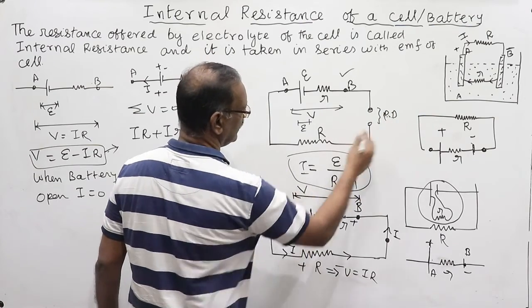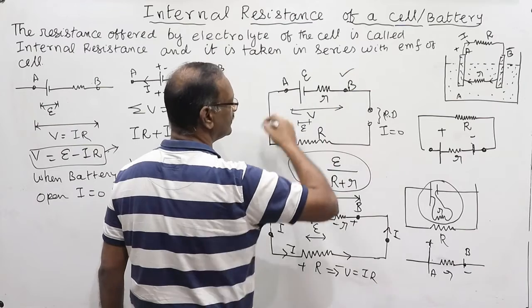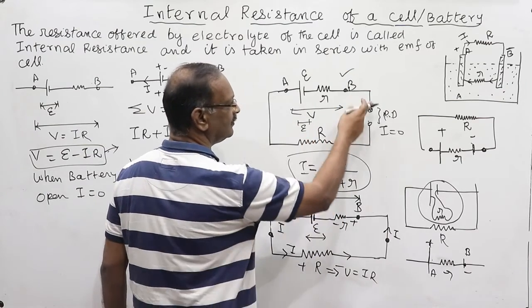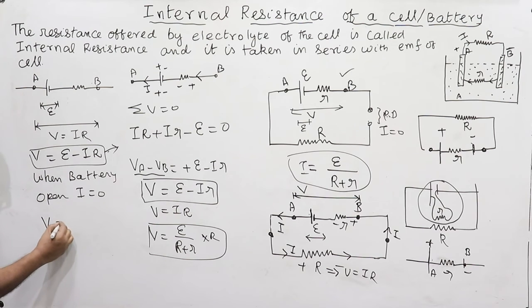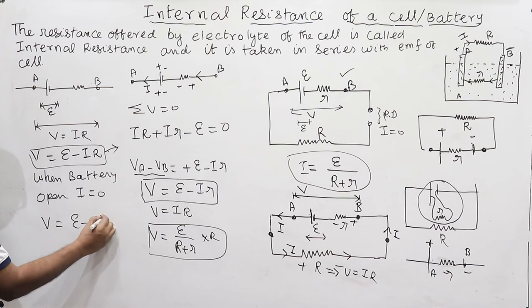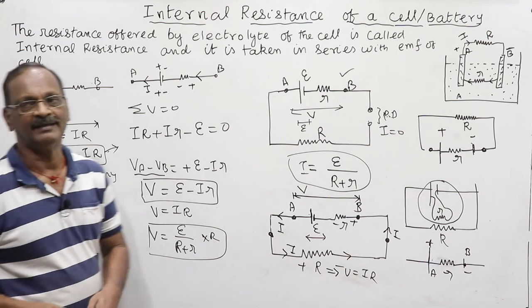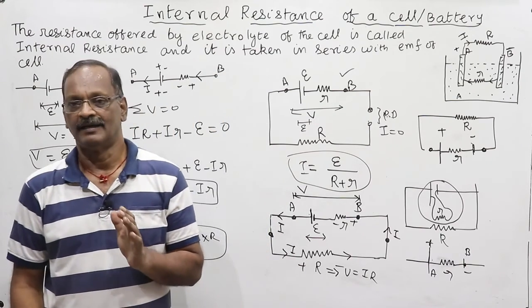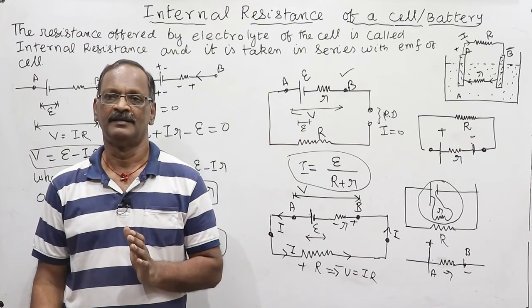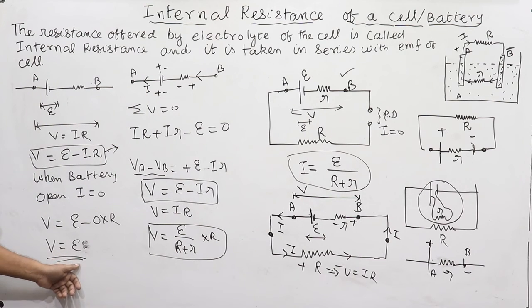When it is open, I is equal to 0, because current will only flow in a closed loop. When I is equal to 0, terminal potential difference is equal to E minus 0 into r. So when the battery is open without connecting, no current will flow, and the terminal potential is equal to the EMF of the battery.